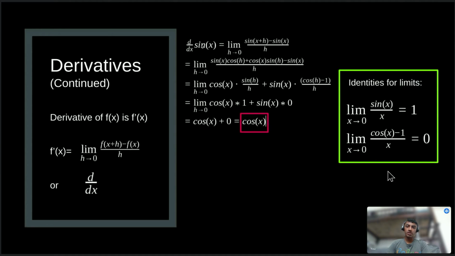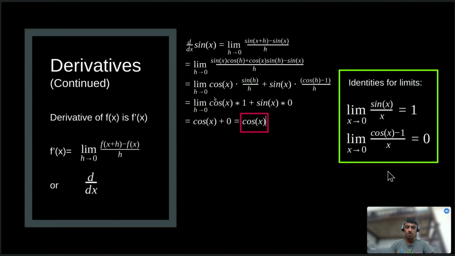We're taking the derivative of sine of x, which means that we go to sine of x plus h minus sine of x, all divided by h. If you know the sum of angles in a sine function, this is what it gives you. And then you subtract sine of x. You can factor this, which is shown as this. You notice here that we have sine of h divided by h.